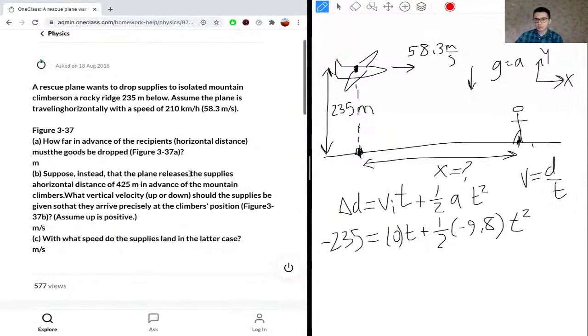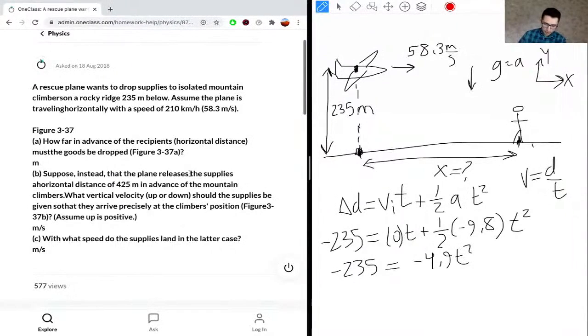So here we just have to solve for time. The reason we want to solve for time is that we can plug it into this equation, and we already know the velocity here because it's given as 58.3 meters per second. And we can solve for d, which is just x in this scenario. So we have negative 235 equals a half times negative 9.8, which is negative 4.9 t squared.